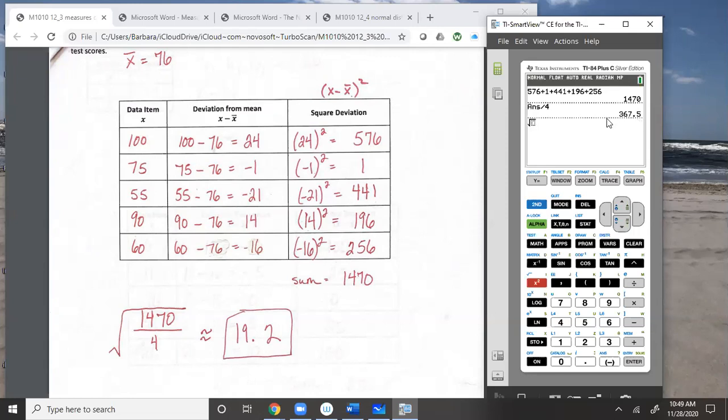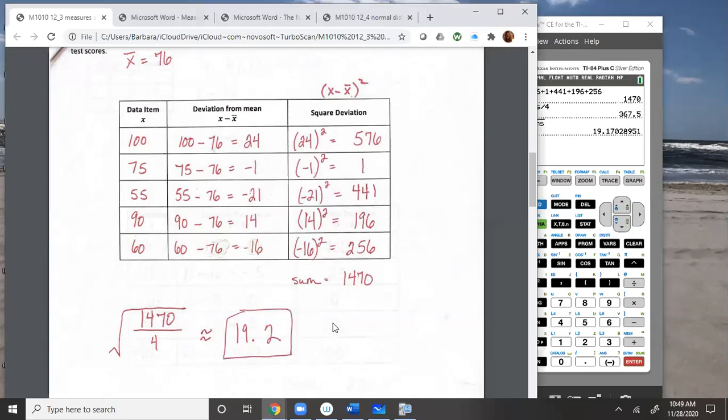You can retype it in there, or press the answer that you just had from the problem before. Press second and the negative sign. That brings down the answer on the line above. Hit enter, and you get 19.2. So the standard deviation is 19.2.